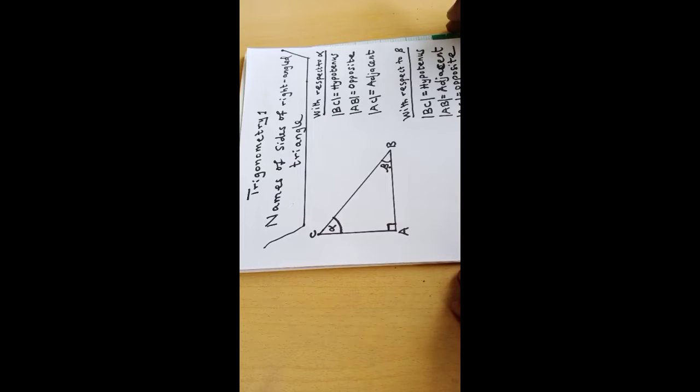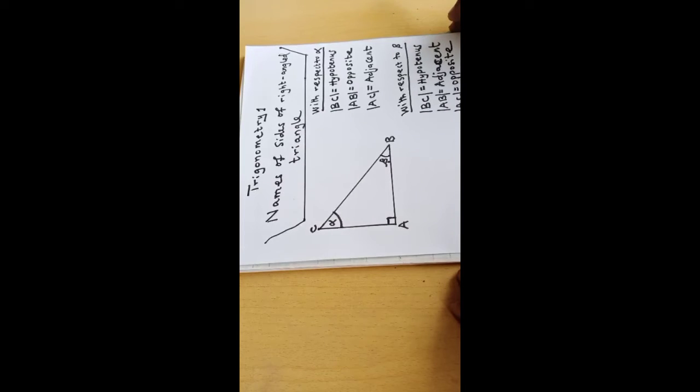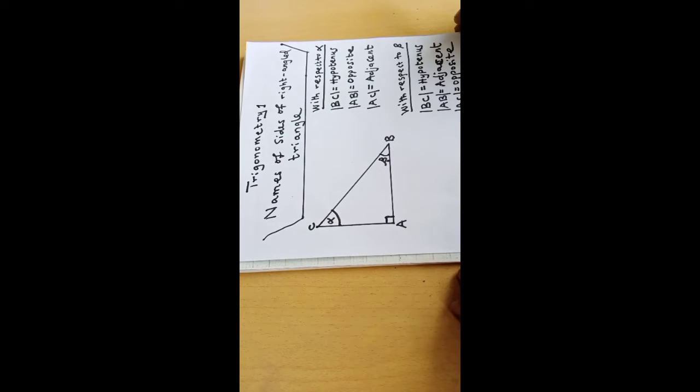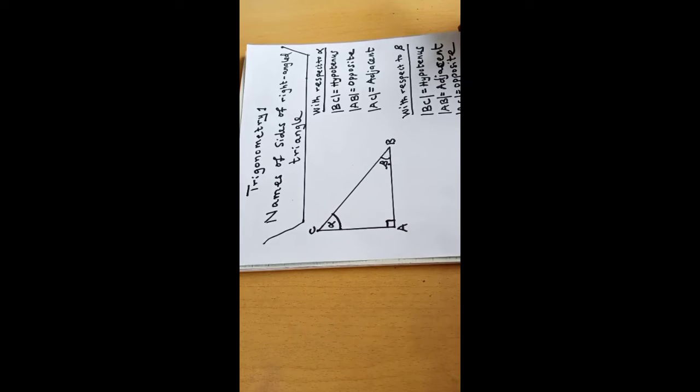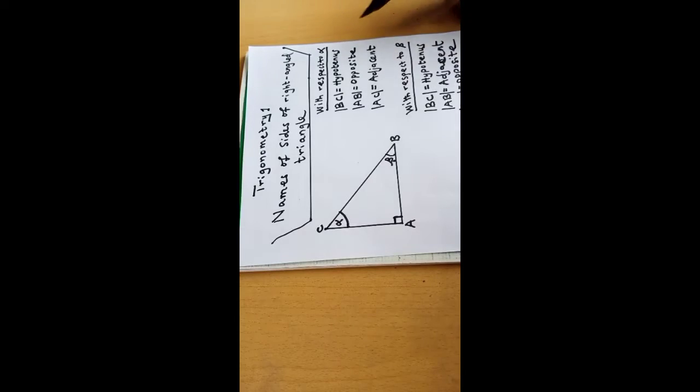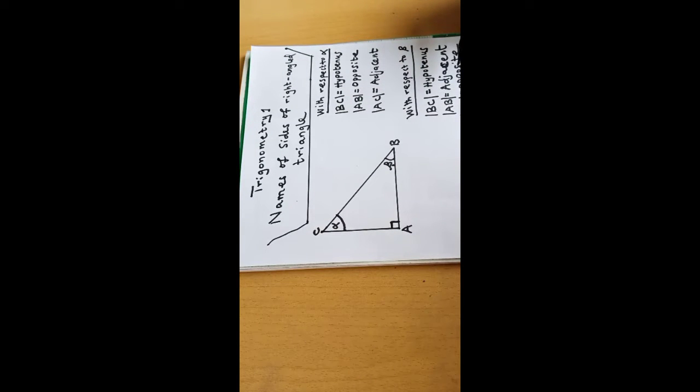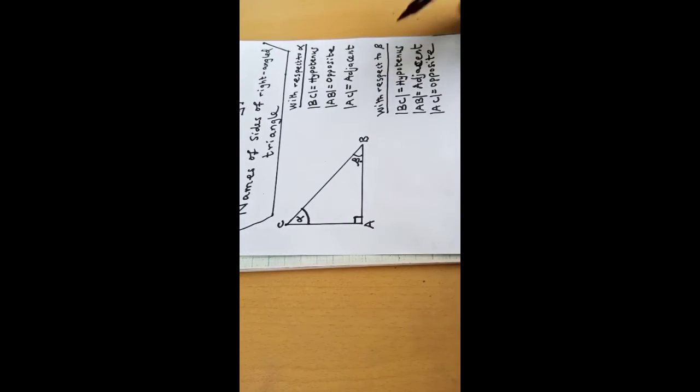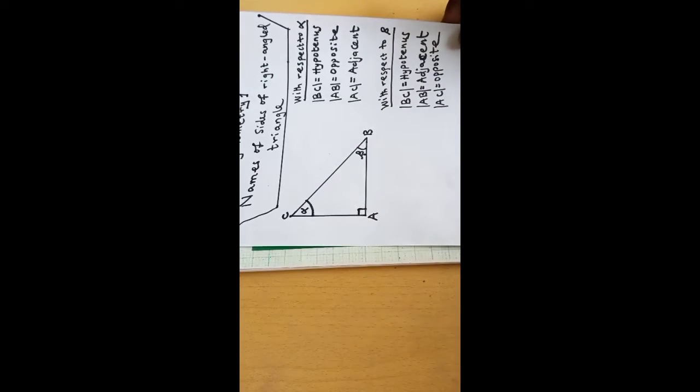So that is what we have for the sides of a right angle triangle. This is very important, and you need to take note of it, because going forward this is going to help us in solving questions involving right angle triangles and trigonometry.